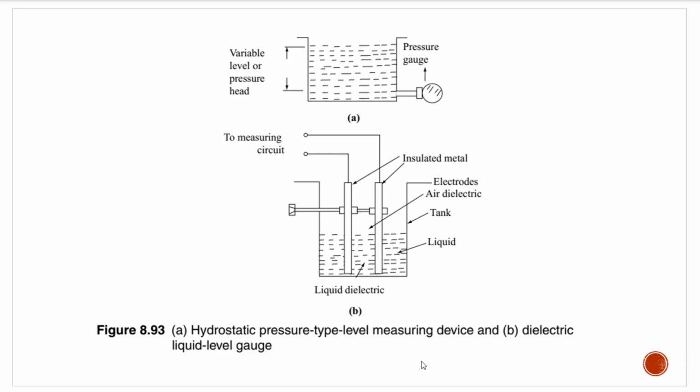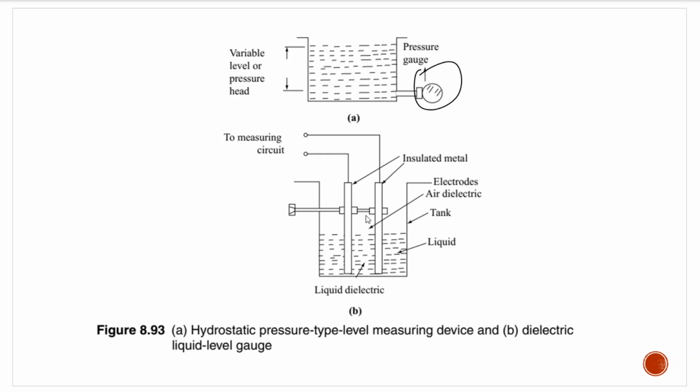So this is a hydrostatic pressure type device. You have a pressure gauge installed at this very point that will be used for measurement of pressure, or you can have a different type of mechanism, a dielectric liquid level gauge. In this case, capacitance is the factor by which we can measure the change.